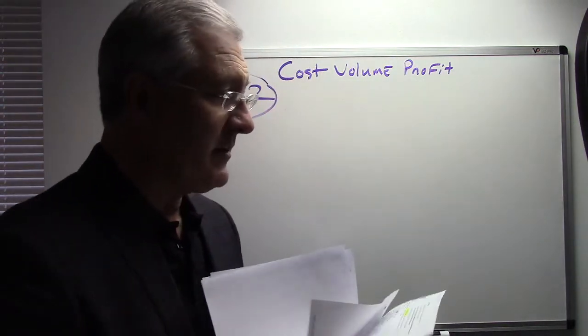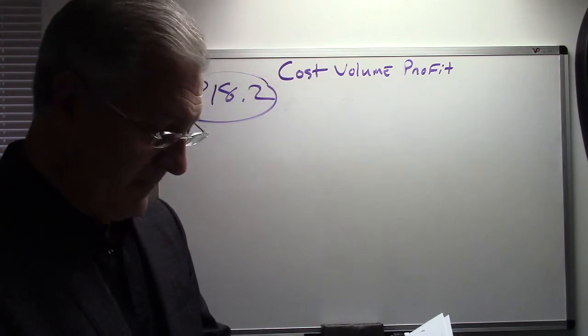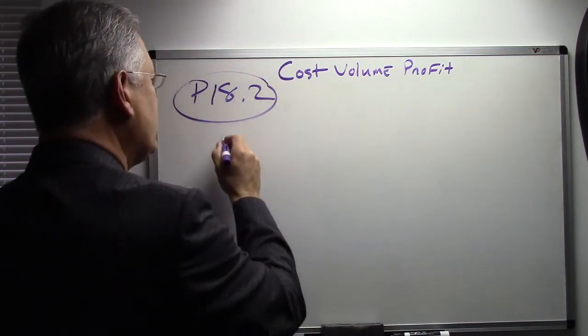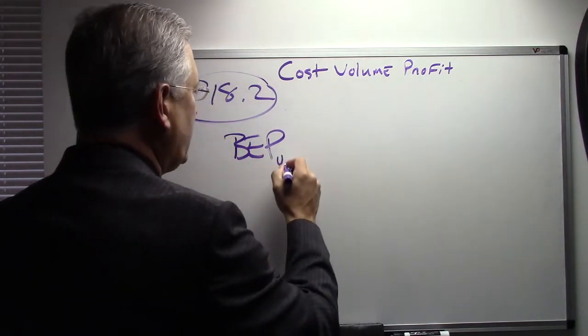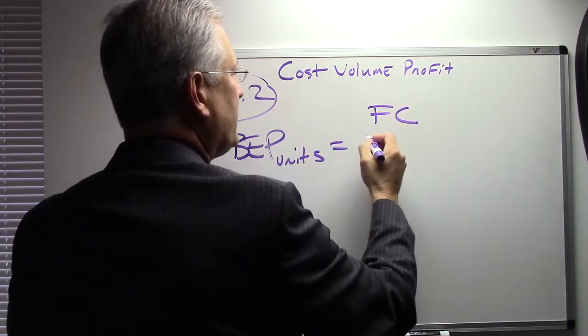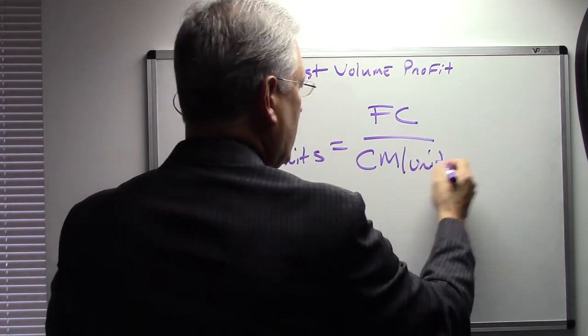The next question they're asking you is to compute the break-even point in units and in dollars. I like to use this formula. Break-even point in units equals the fixed cost divided by the contribution margin per unit.